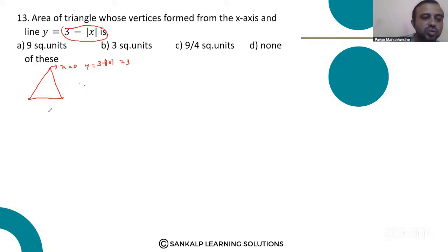And vertices 2 and 3 are where y is equal to 0.